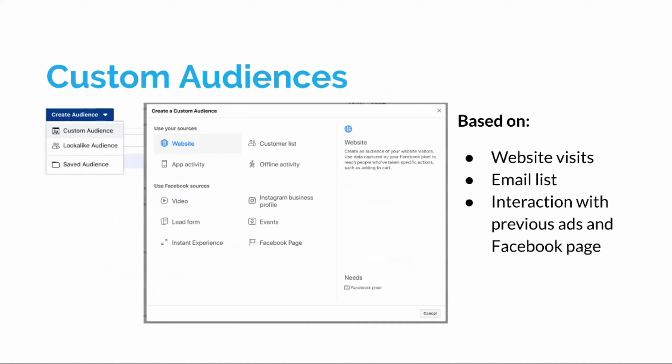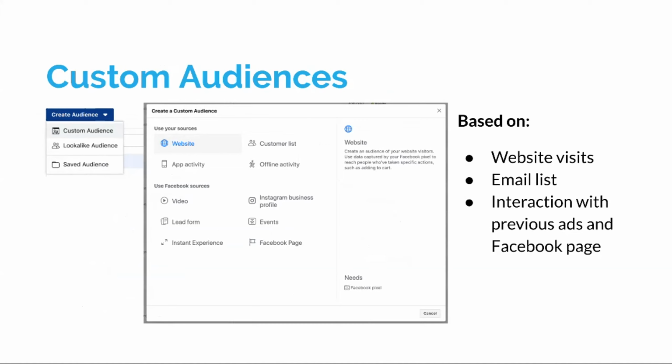The other kind is the custom audience. This is the one where you can either upload a customer list, you can see that option, but you can also base it on website activity.